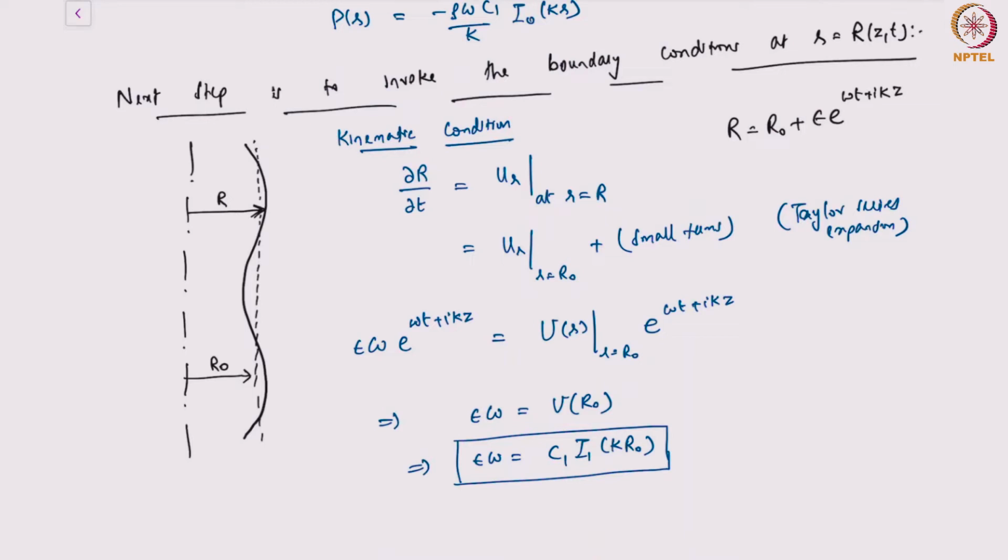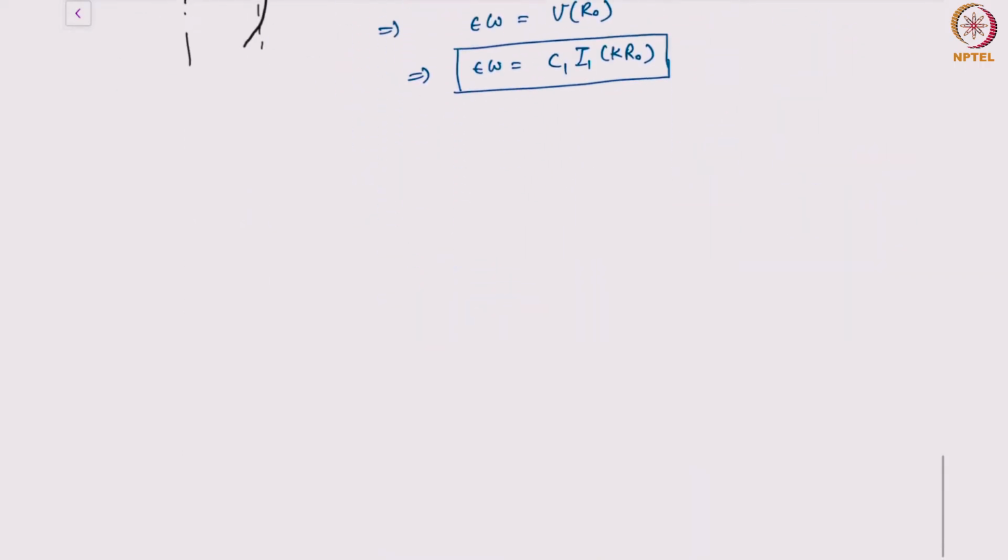This consistency condition at the interface is the kinematic condition. It is closely associated with mass balance as well. Now, having introduced the geometric constraint, now let's introduce dynamic constraint.